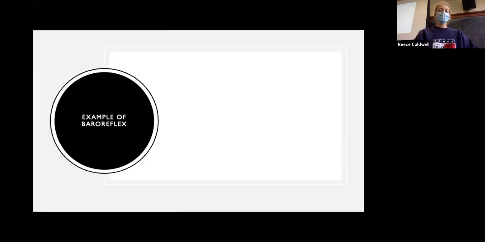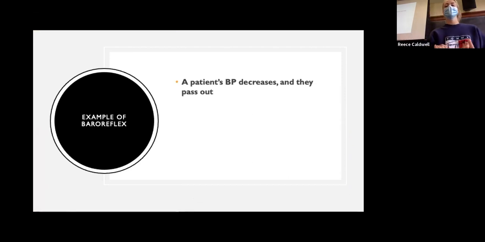Cool. So when looking at an example of a baroreflex, think about what would happen if a patient's blood pressure decreases and they pass out, or sometimes it's not as severe as passing out, and they become lightheaded or just a little fatigued. But that's what normally occurs with a major blood pressure decrease, fainting.